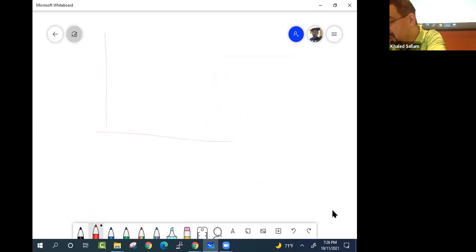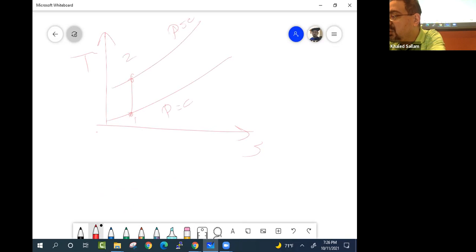Okay, so how will it look on a TS diagram? It looks like this. Those are two constant pressure lines. 1 and 2. Ideally, you go isentropic up. In real life, no, you go a little bit to the right or left.